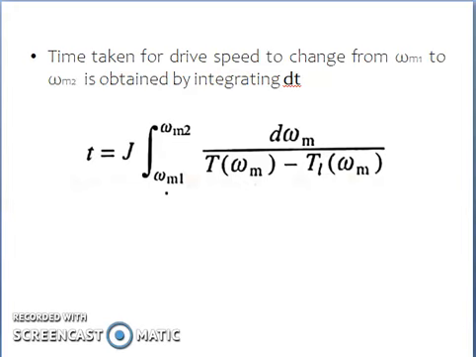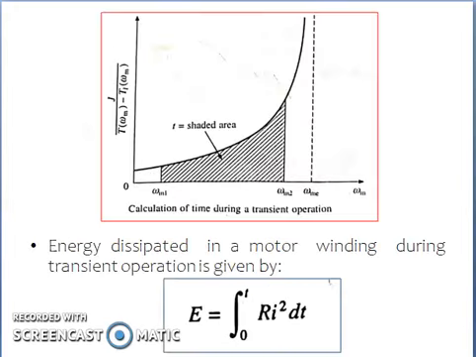By calculating the area under this curve, we can calculate the time taken during the transient operations to get back into the steady state.